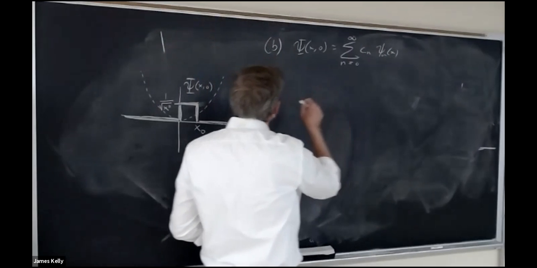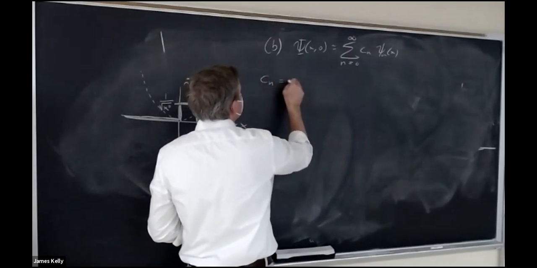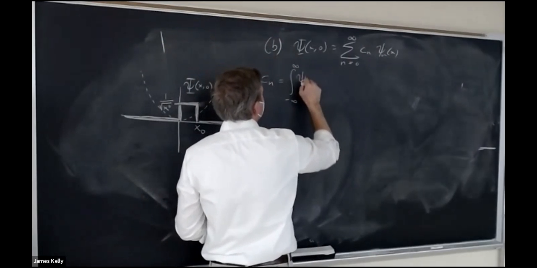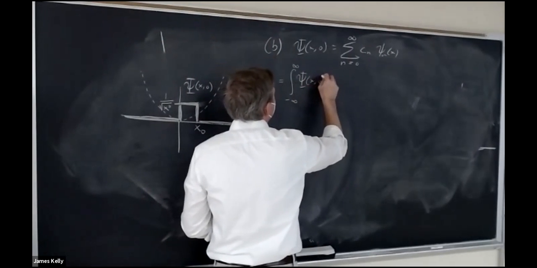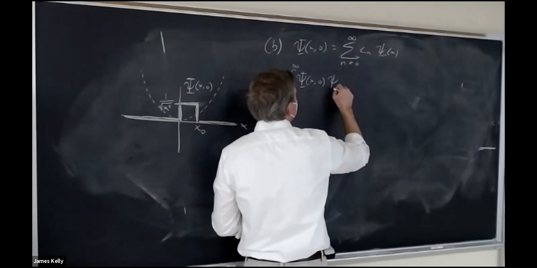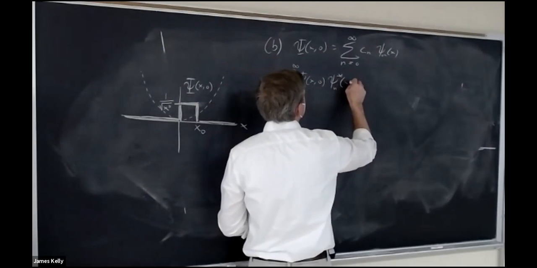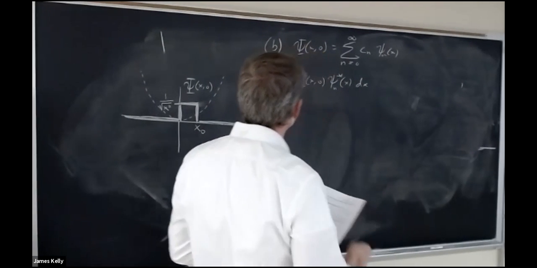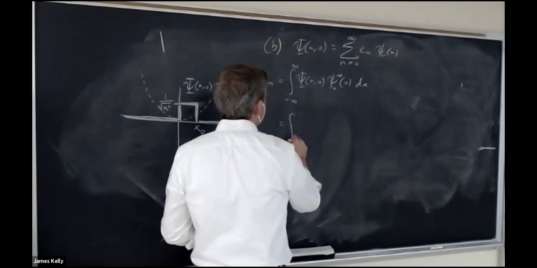And the claim was always Cn can be calculated from the integral from minus infinity to infinity of psi of x and 0 times psi n star dx. That will give me a formula for Cn. So let's try to plug in what we know. It's kind of a mess.